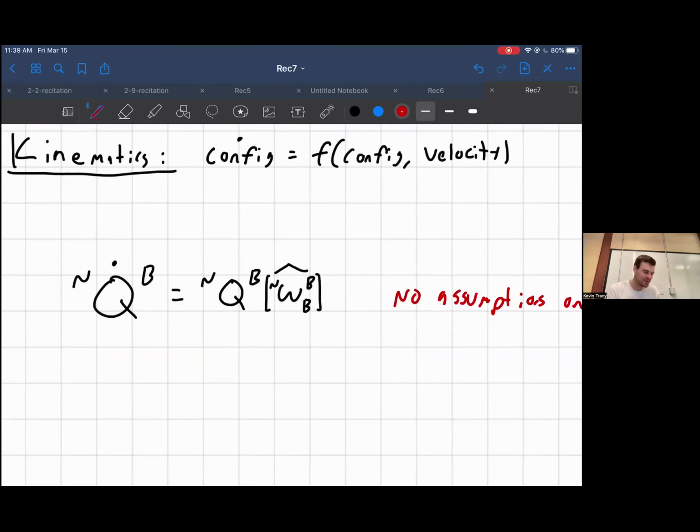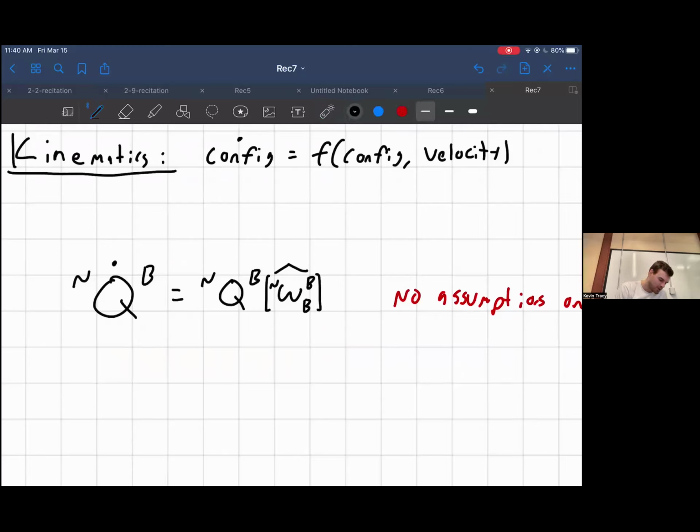Just if I have a basis N and a basis B, they are described with this rotation matrix. And this is the angular velocity between them as expressed in the B frame, which is what a gyro on a drone would read. So this is why this is the most common form. But these are the correct kinematics.